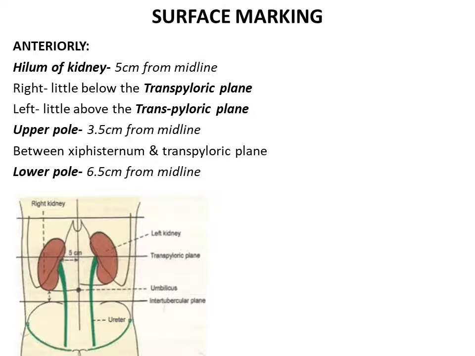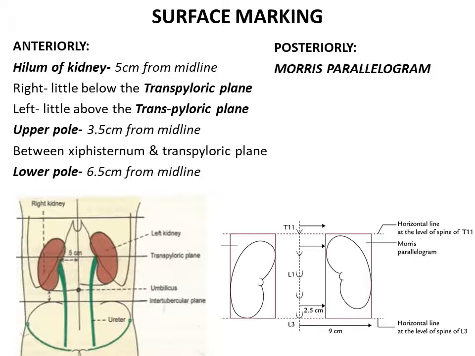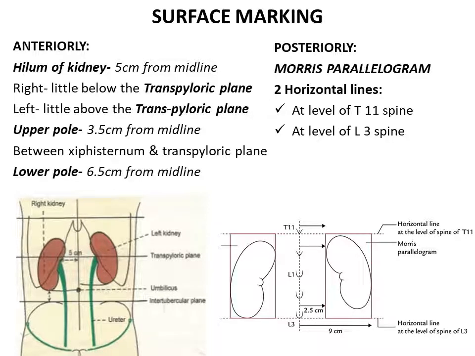On the posterior surface, the marking is done with the help of Morris parallelogram or Morison's parallelogram. Two horizontal lines are drawn at the level of the 11th thoracic and the 3rd lumbar spine.